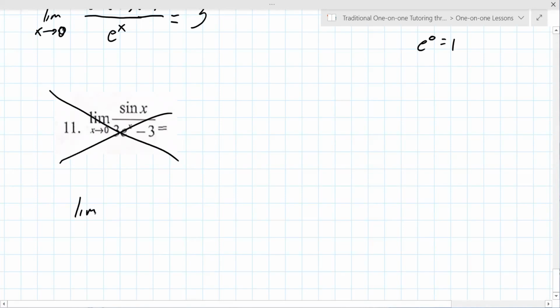So here, let's do the limit as x approaches 3 of (x minus 3) squared over sine of (x minus 3).